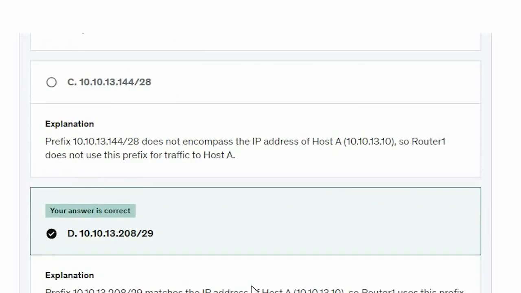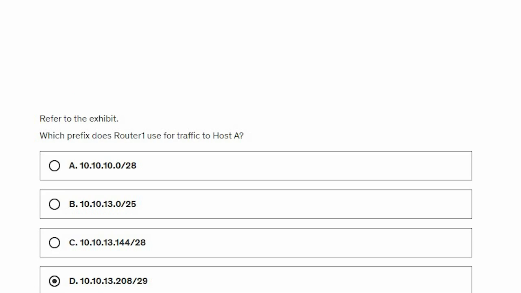Answer number 3. The prefix 10.10.13.144/28 does not encompass the IP address of host A, 10.10.13.10, so router 1 does not use this prefix for traffic to host A. It's a wrong answer.